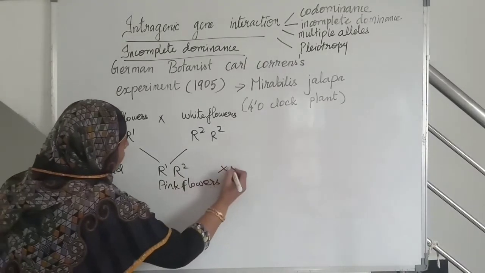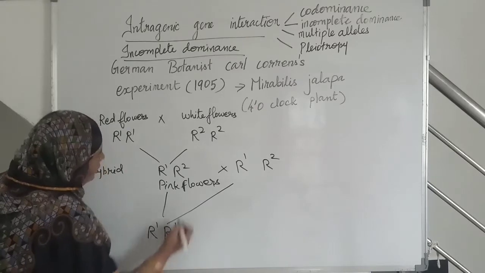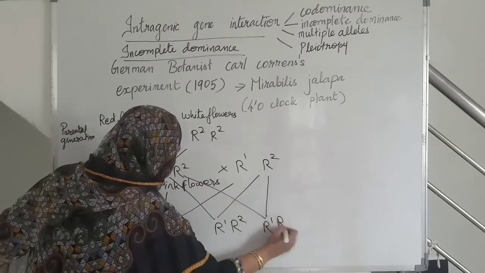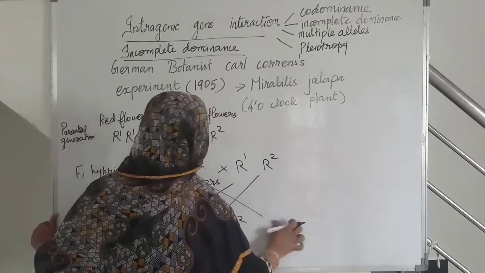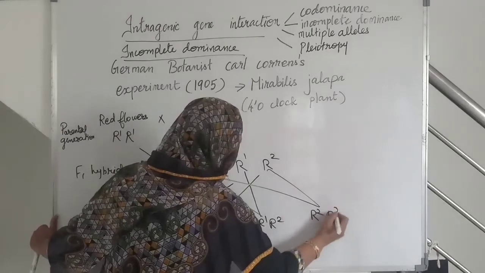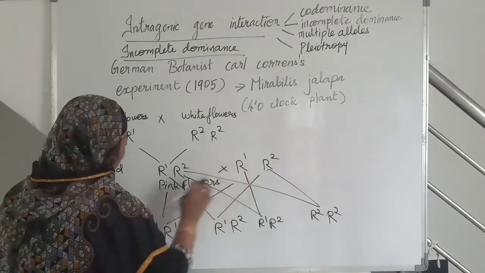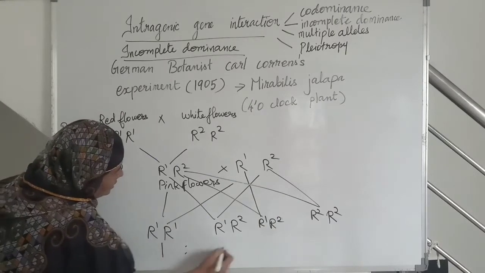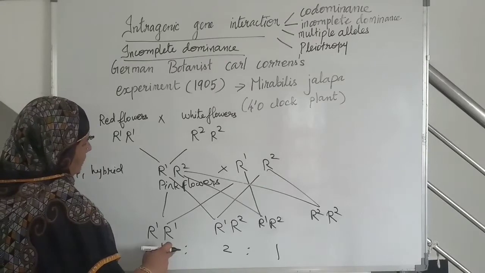When this R1R2 genotype is selfed, R1R2 crossed with R1R2, if you put the genotypes in a square, the F2 generation genotype ratio is 1:2:1.